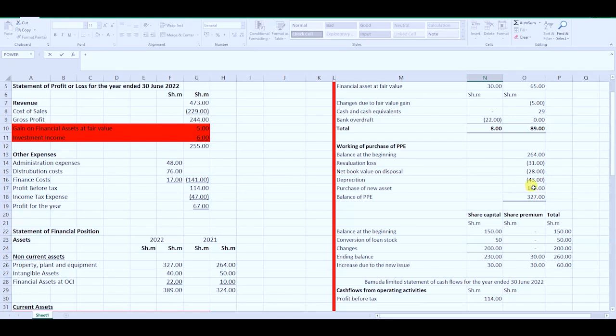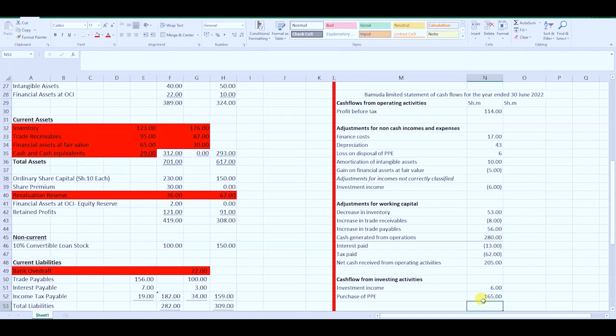That value should be included, and it should be a negative value, because it represents an outflow of cash. So minus 165 there.